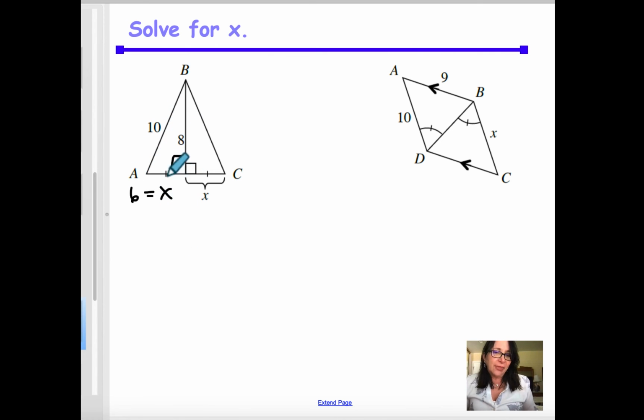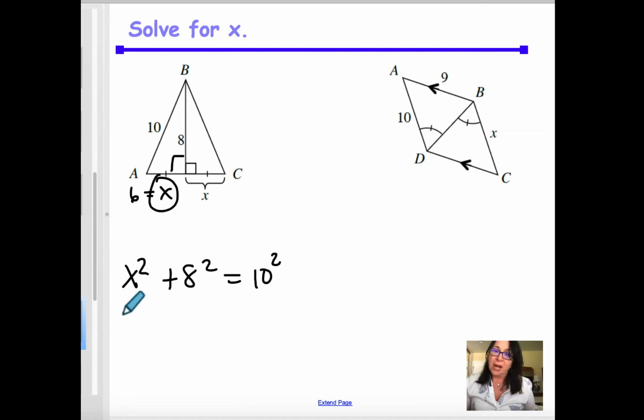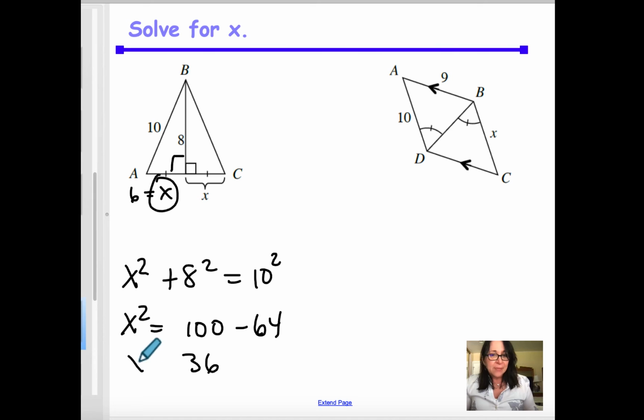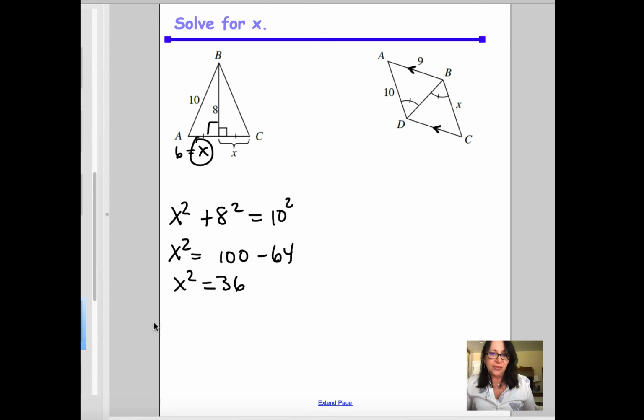But if I forgot that, I can still say x squared plus 8 squared is equal to 10 squared, and use the Pythagorean Theorem. x squared equals 100 minus 64, which is 36. And so x squared equals 36. So you would square root 36, and you would get 6. So x is equal to 6.